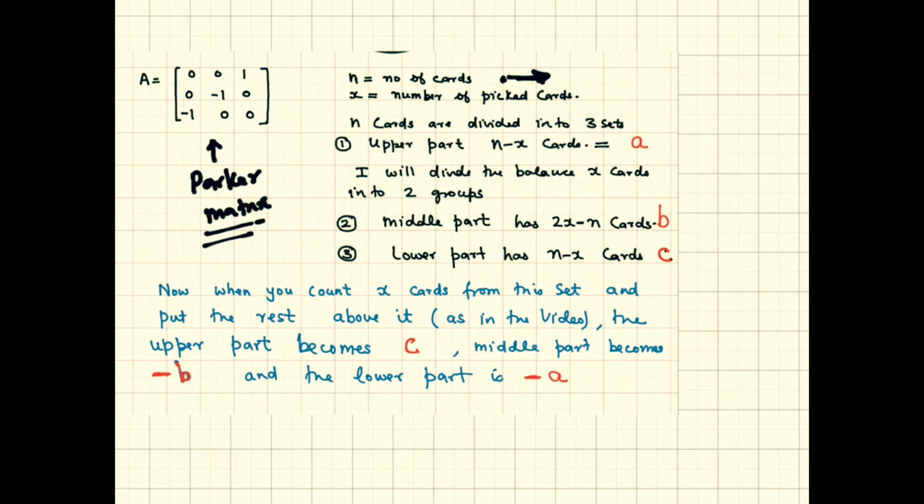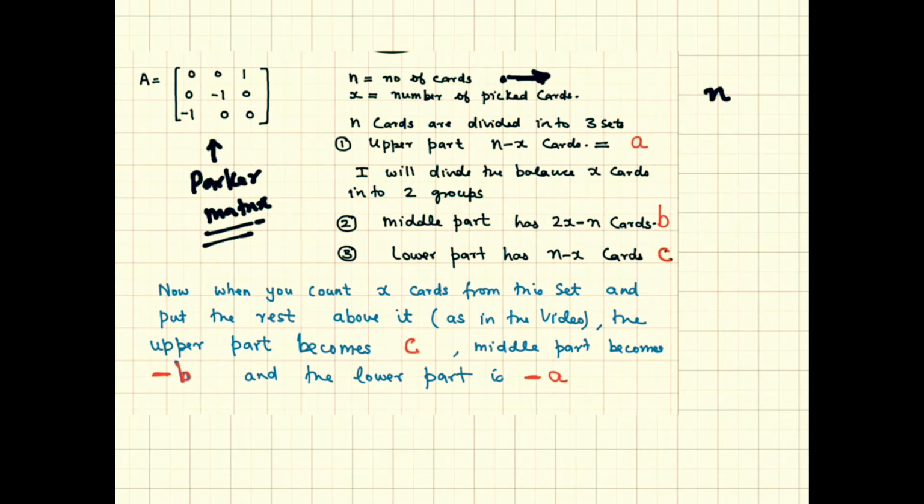I will divide the balance x cards into two groups. The middle group, which is 2x minus n, and the lower part, which is n minus x. And we are going to call these A, B and C. So once again, to go over it, we had n cards to begin with.